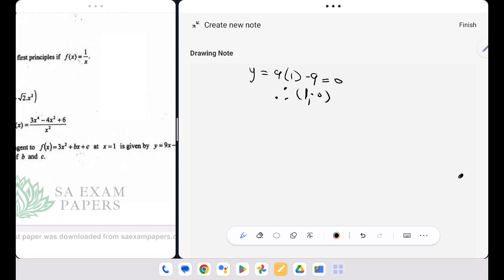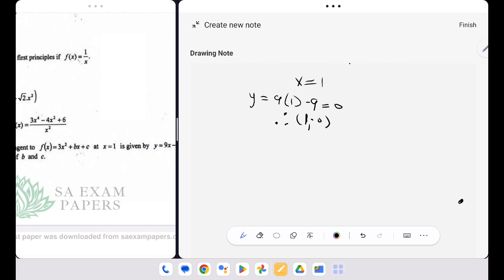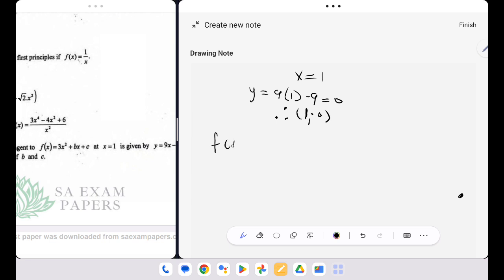Okay. However, I also know that for my curve, this is squared, not cubed.